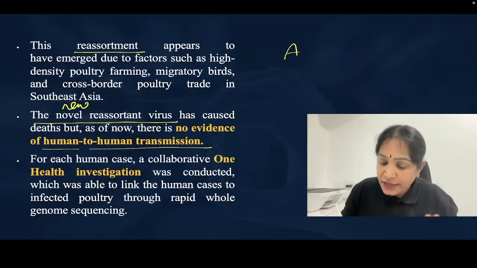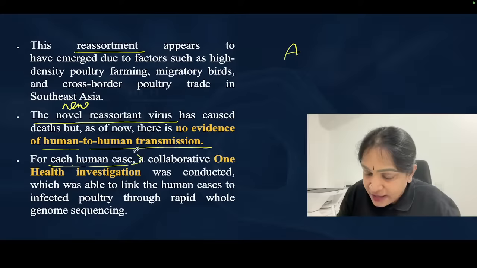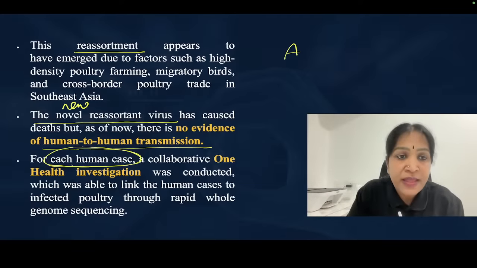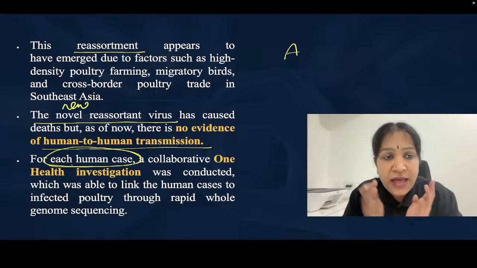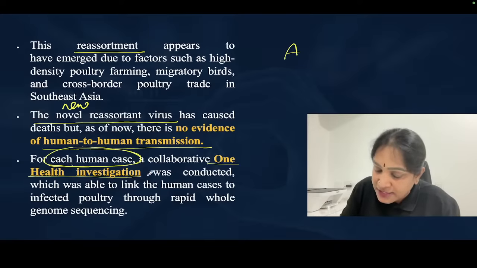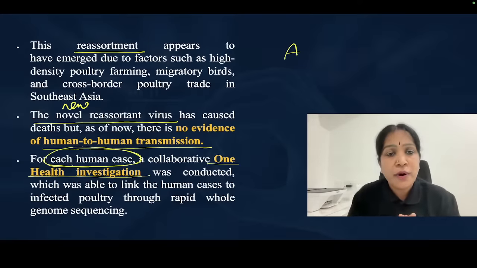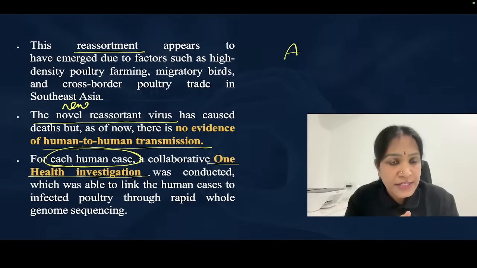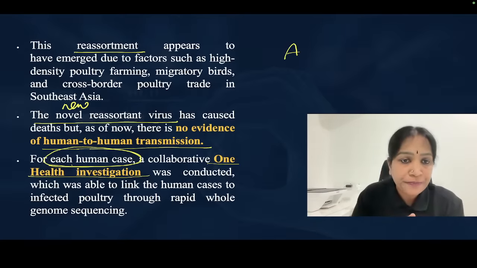Okay, so what they have done is they have taken each human case and they have done a collaborative One Health investigation. Did you hear about this One Health approach? Can anybody answer in the comments what is One Health approach?